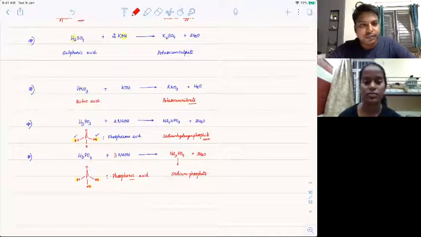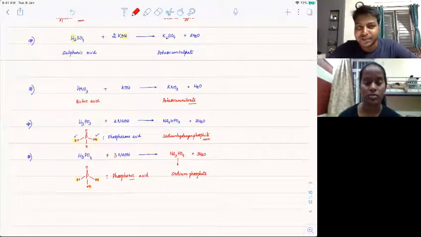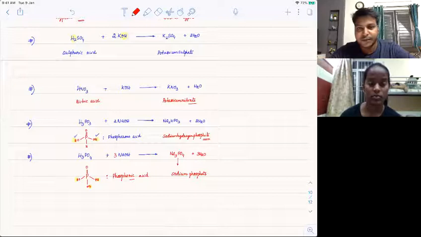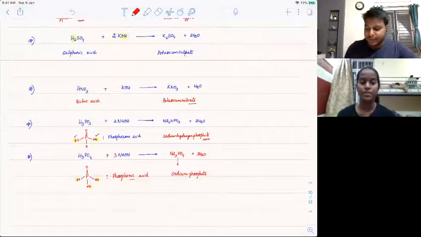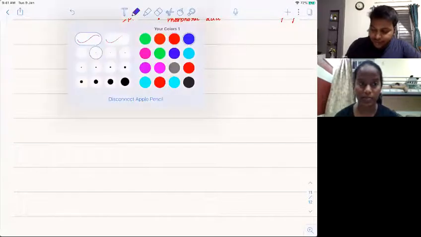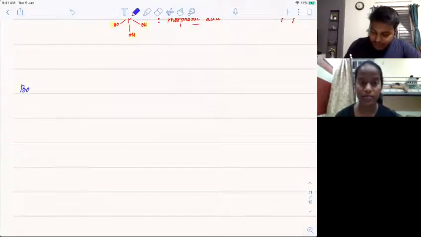So these are some things which you need to practice immensely. You need to be very, very clear about what are acids, what are salts, how they are named. Now, bases are very simple actually. Let me add on that definition.